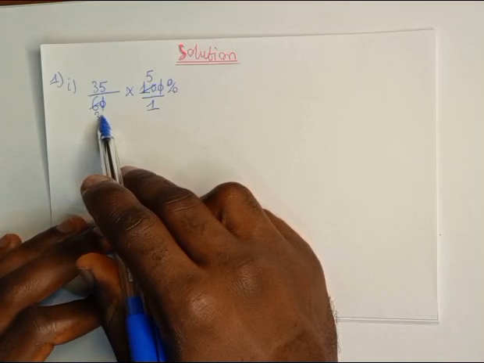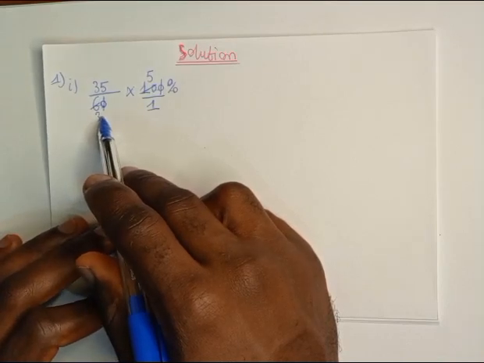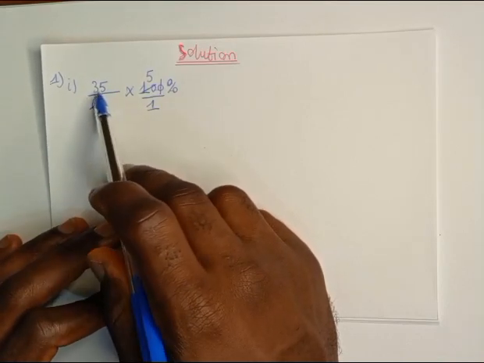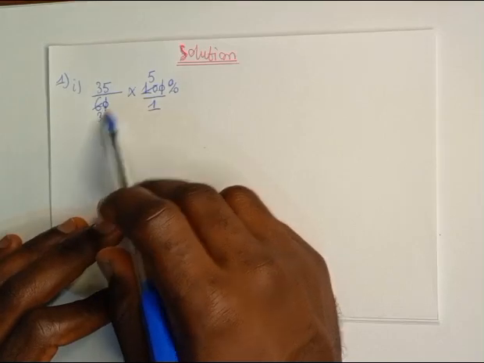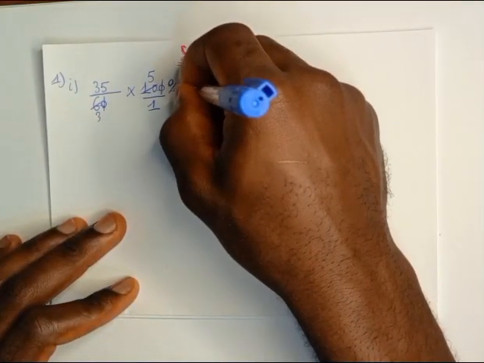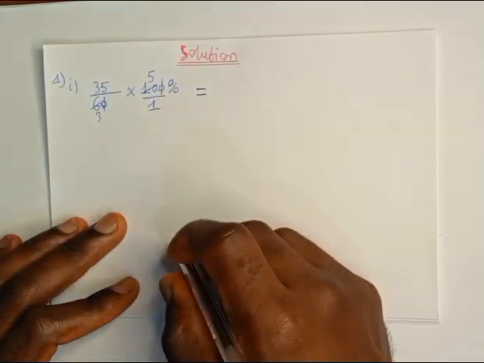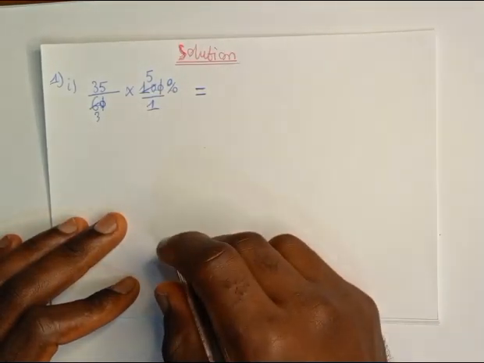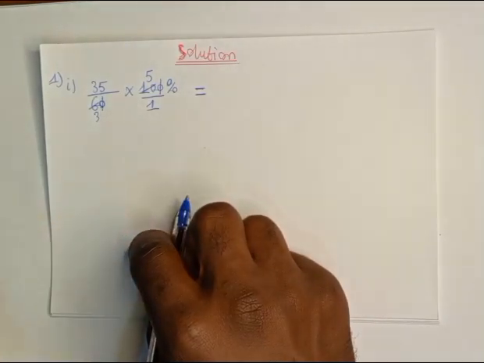Since there is no common factor between 35 and 3 or 5 and 3, we take 35 times 5, it gives us 175.